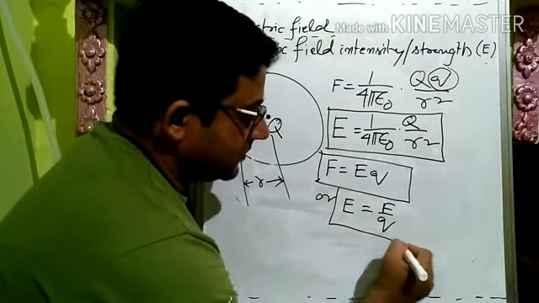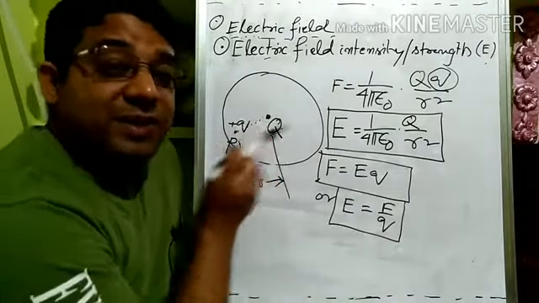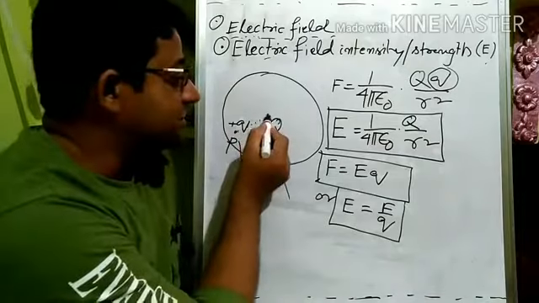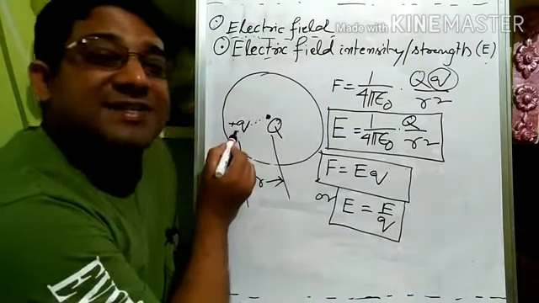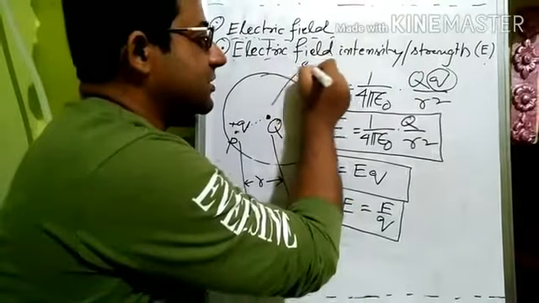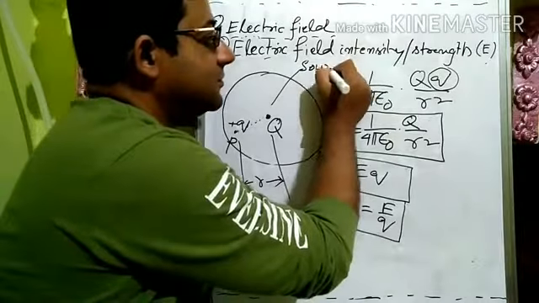Okay, now what is this Q? The charge on which we are measuring the effect of the source charge. This is called source charge, this is called test charge. These are the customary words we are using. Why source charge? It's not a question, it's called source charge.